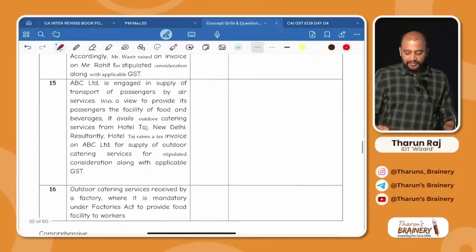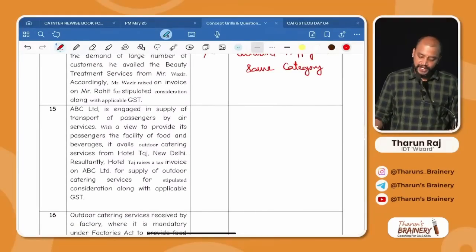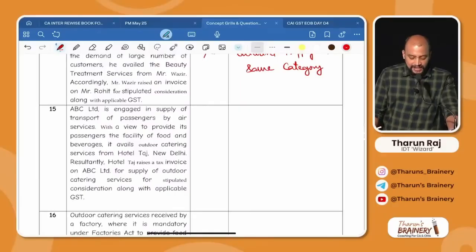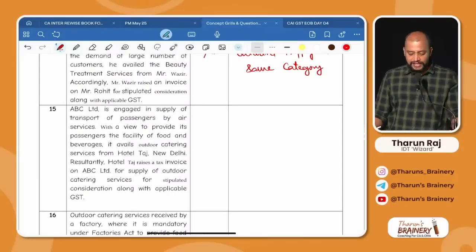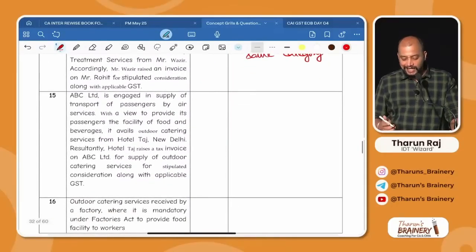Then next, 15. ABC Limited is engaged in supply of transportation of passengers by air services, with a view to provide its passengers the facility of food and beverages. It avails outdoor catering services from Hotel Taj, New Delhi. Resultantly, Hotel Taj raises an invoice on ABC Limited for supply of outdoor catering services for a stipulated consideration along with applicable GST. Can they take ITC with respect to this outdoor catering service? Yes. Why?